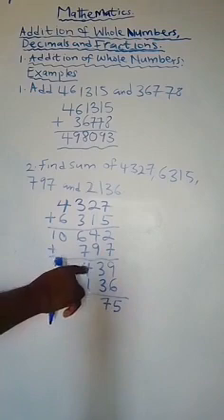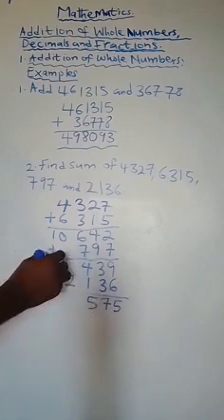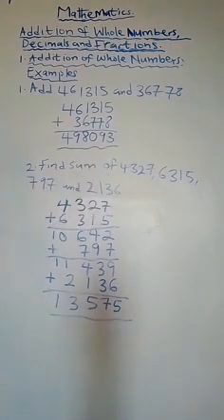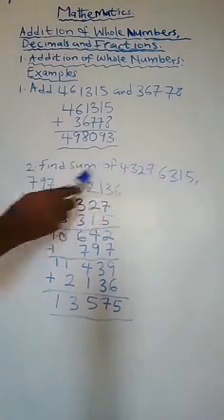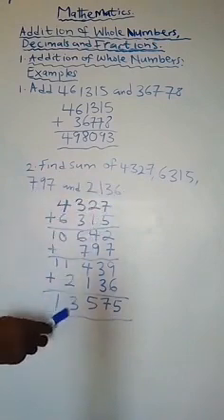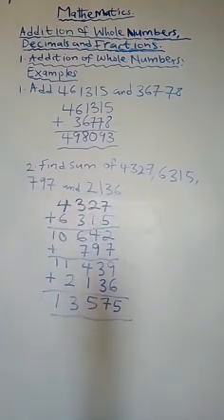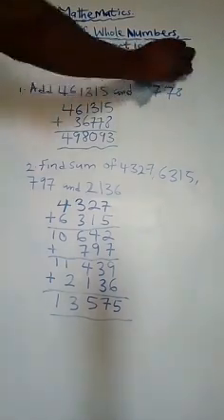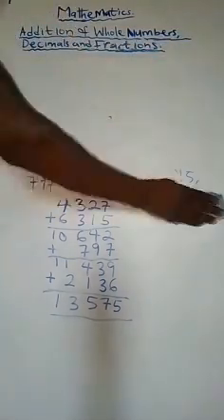You are keeping. 4 plus 1, 5. 1 plus 2, 3. So this is your final answer. Adding all these numbers together will give you 13,575. That is the simplest way to perform addition of whole numbers in mathematics.